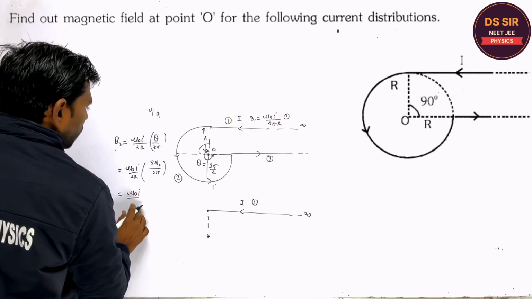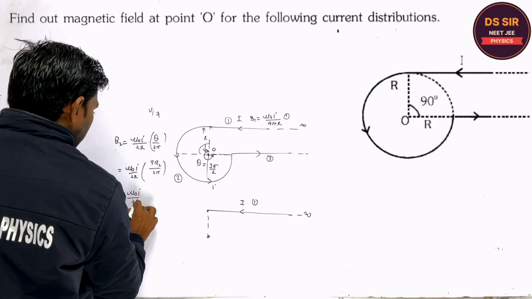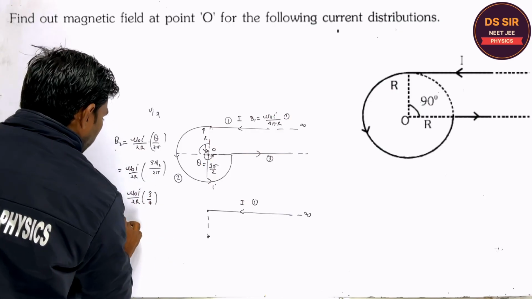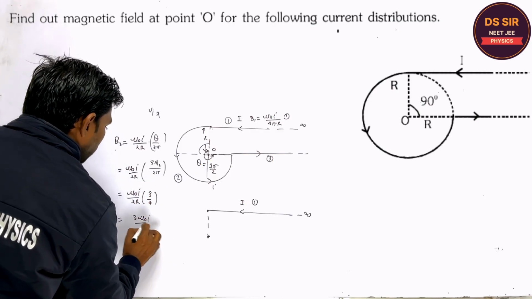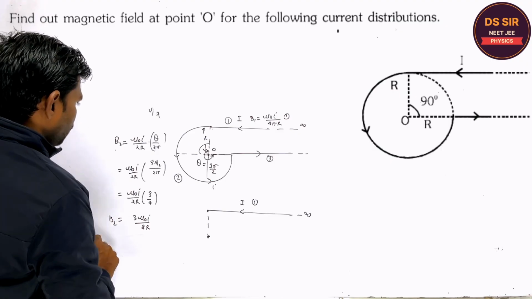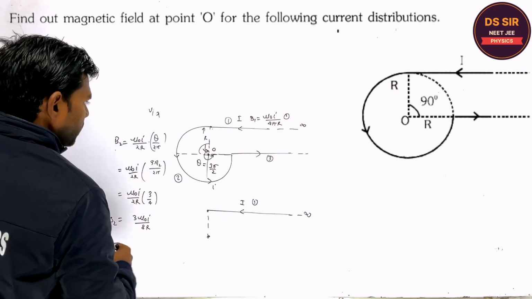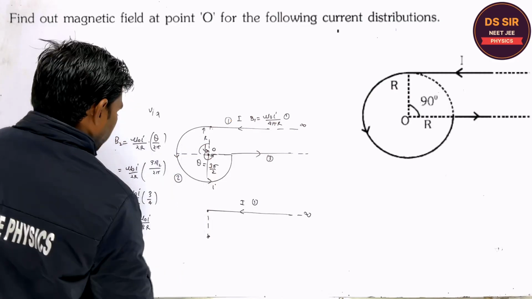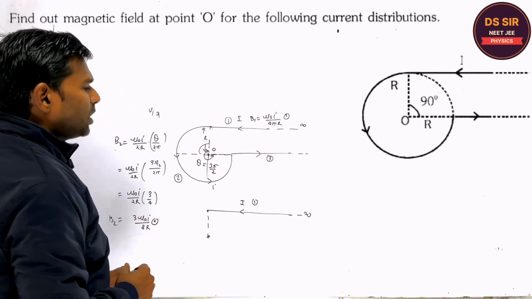So mu naught I upon 2r times 3 upon 4, which is 3 mu naught I upon 8r. Pi will cancel out, and it is out of the board. Is it clear or not?